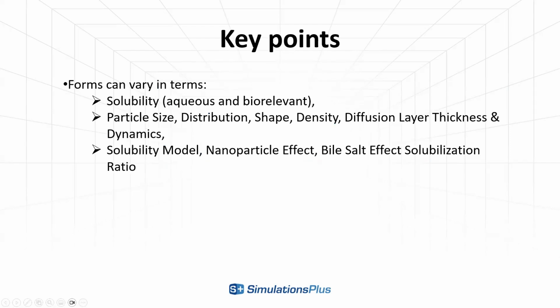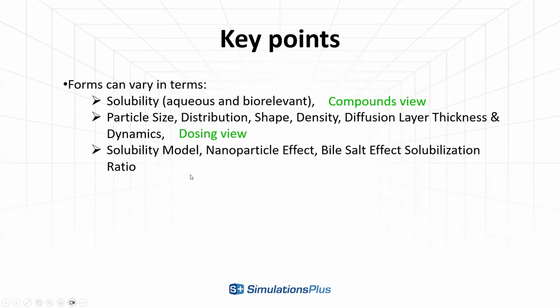What is very interesting in GPX is that your forms can vary in terms of solubility, both aqueous and biorelevant, and this is done in the compound view. You can also change the particle size, the distribution, the shape, the density, and the diffusion layer thickness and dynamics, and this is done in the dosing view.